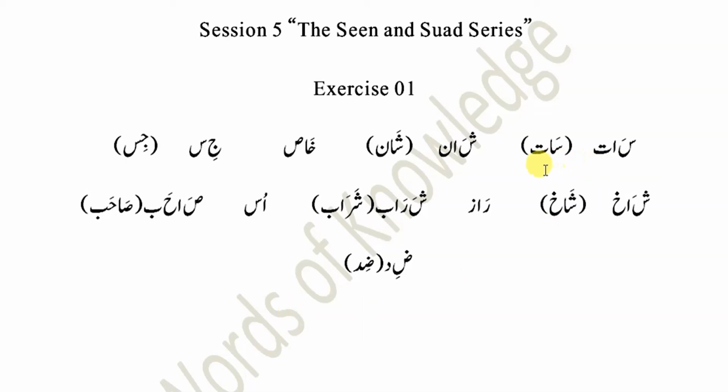The first one is Saat, then Shan, Khas, Jis, Shah, Raz, Sharab, Us, Sahab, Zid.